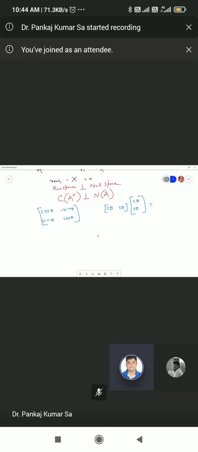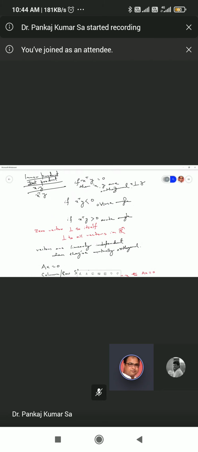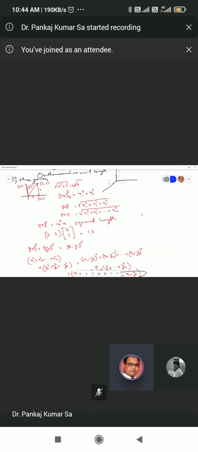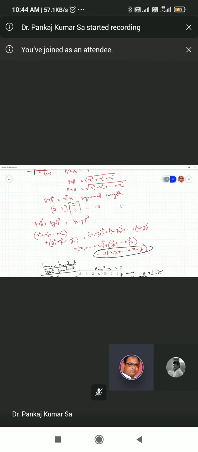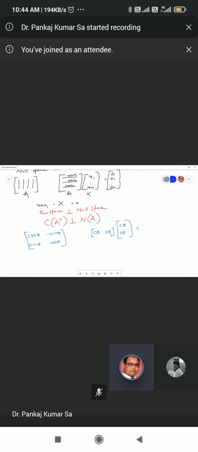I have written only the previous equation, X transpose Y, but not the squared length, X transpose X. So cos theta, sin theta is your X, and X transpose X is equal to 1.